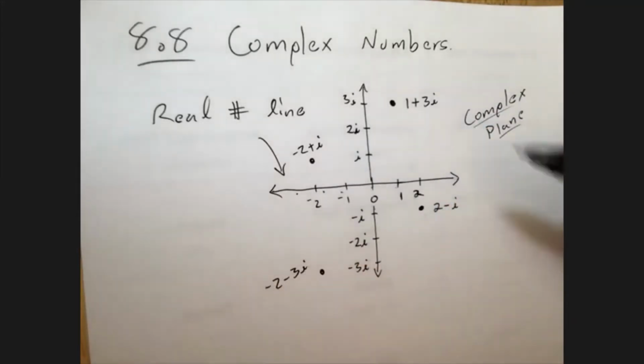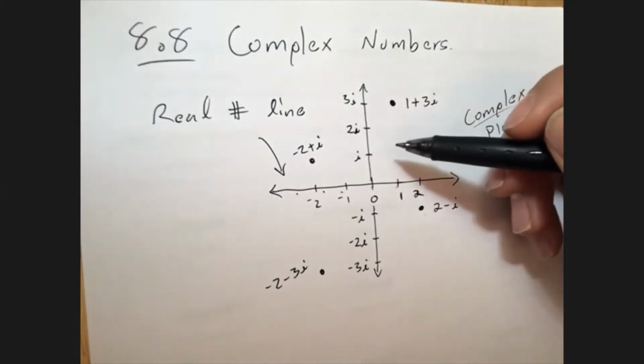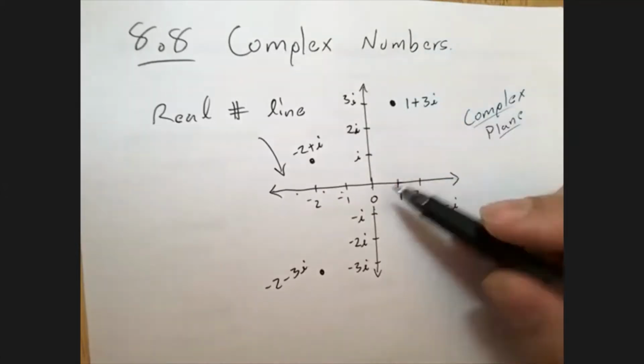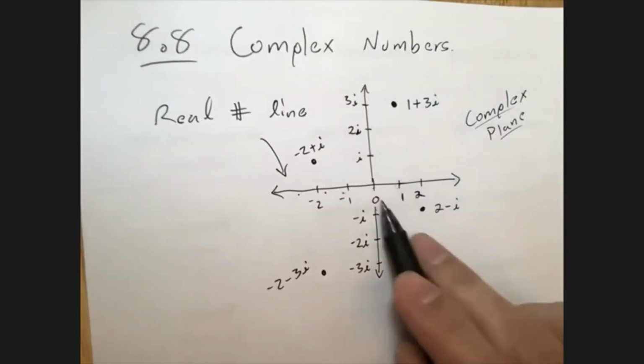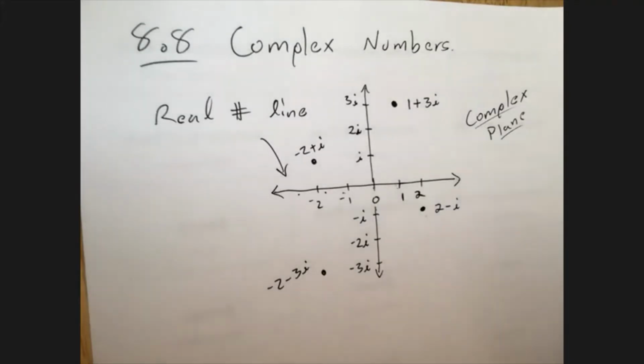And it's kind of surprising, but it's kind of neat how it works. When you multiply two numbers, you look at their angle from the positive real axis. And when you multiply numbers, you just add the angles and you multiply their magnitudes, right?